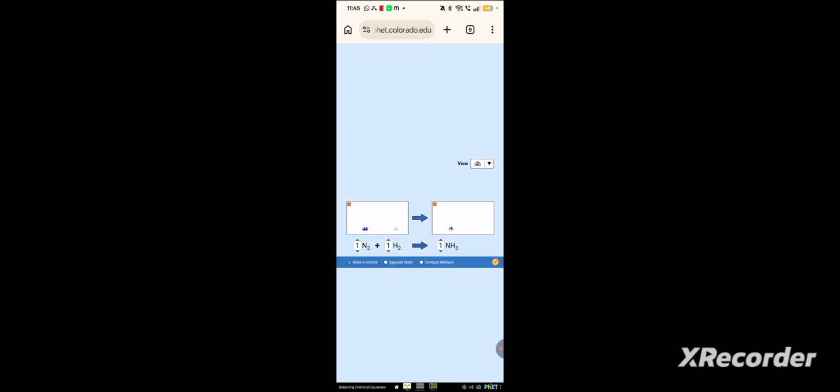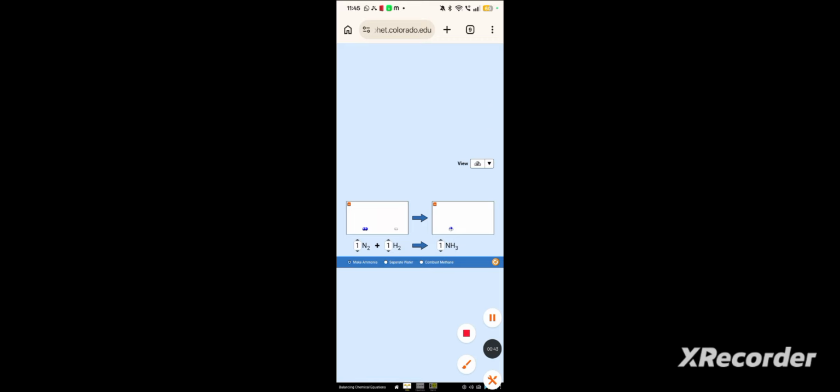We have to see here, on the left hand side some molecules are there and on the right hand side also some molecules. Left hand side molecules are called reactants and right hand side molecules are called products. So here the reactants are nitrogen and hydrogen. Here the product is ammonia.